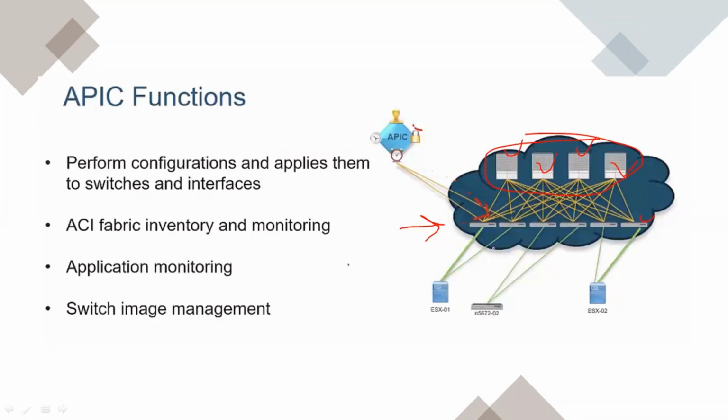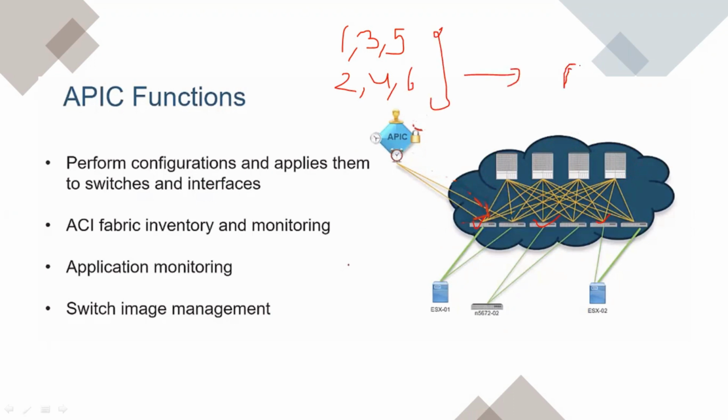In a data center environment, most of the switches are in a VPC because of redundancy or HA. So I'll upgrade leaf switches 1, 3 and 5 at one time, and 2, 4, 6 the second time, and then my critical leaves, which are my border leaves.